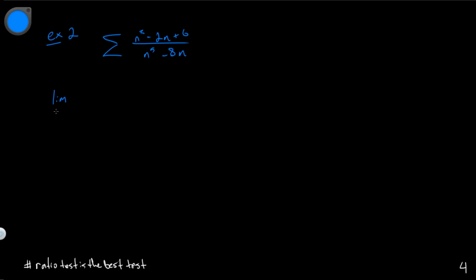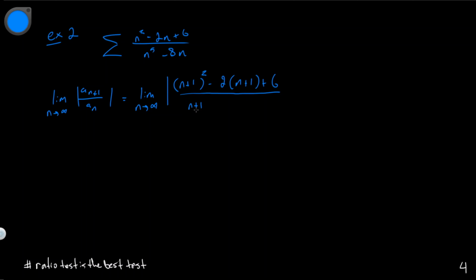All right, the limit as n goes to infinity of a sub n plus 1 over a sub n is, and I always like to do that reciprocal strategy that I previously did. This is going to be the limit as n goes to infinity of this thing with plus 1's everywhere, (n plus 1) squared minus 2(n plus 1) plus 6, all over (n plus 1) to the 5th minus 8(n plus 1).